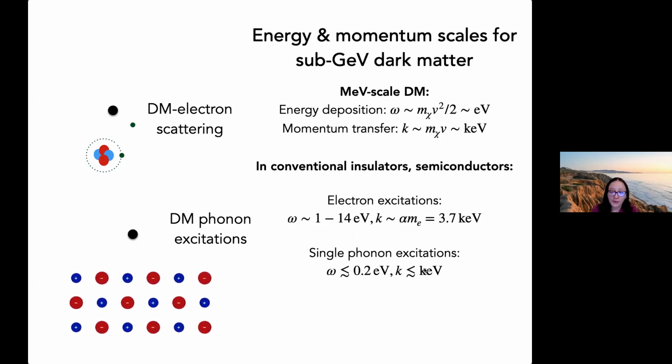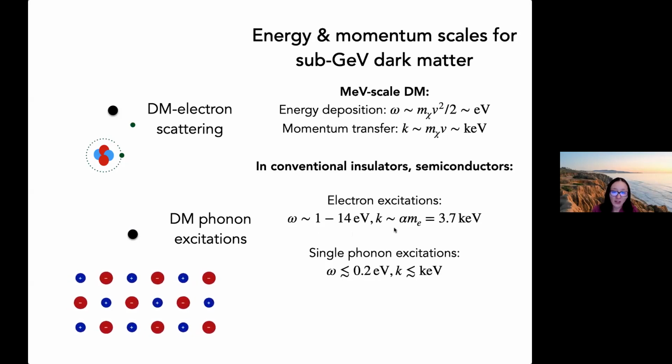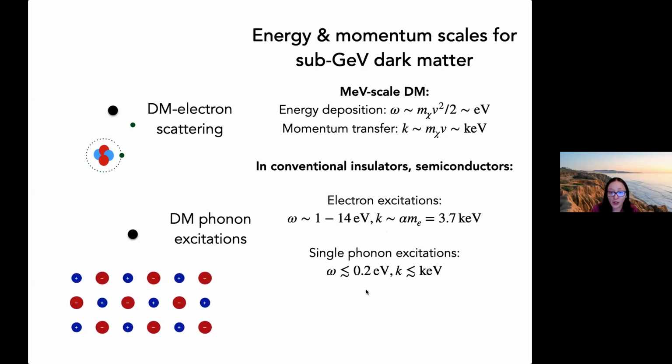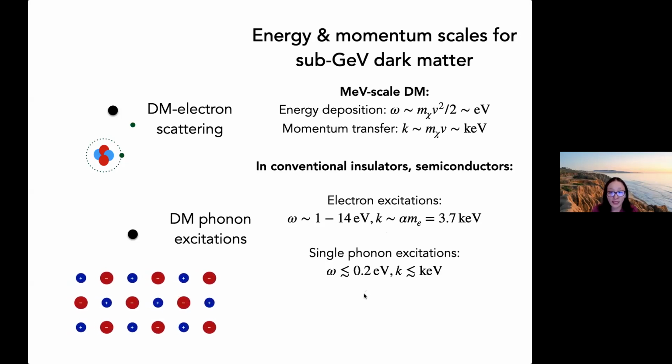From this, we can gather that electron excitations in conventional materials are going to be quite good targets for dark matter at the MeV scale and above, and phonons are going to be quite good targets for dark matter at the MeV scale and below, given these. That, of course, is just the kinematic matching, and then you have to go through and calculate the interactions.